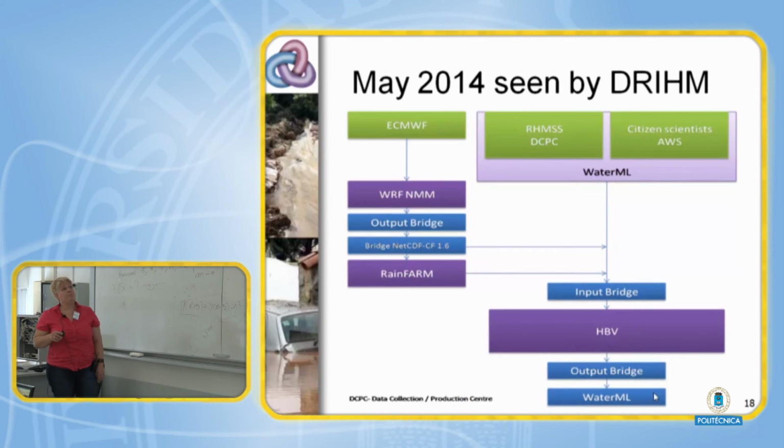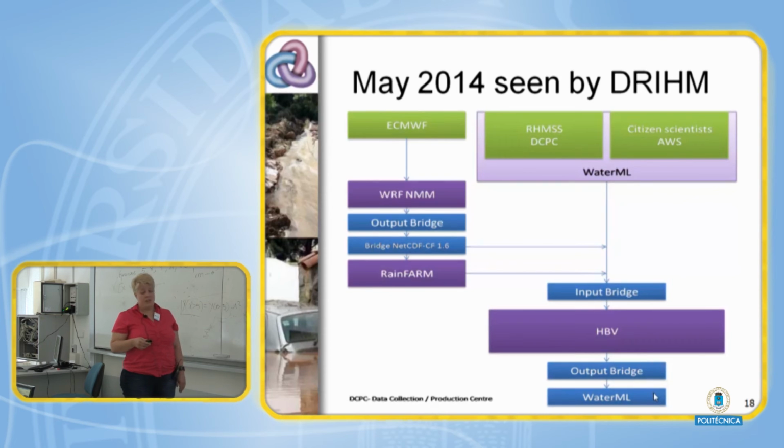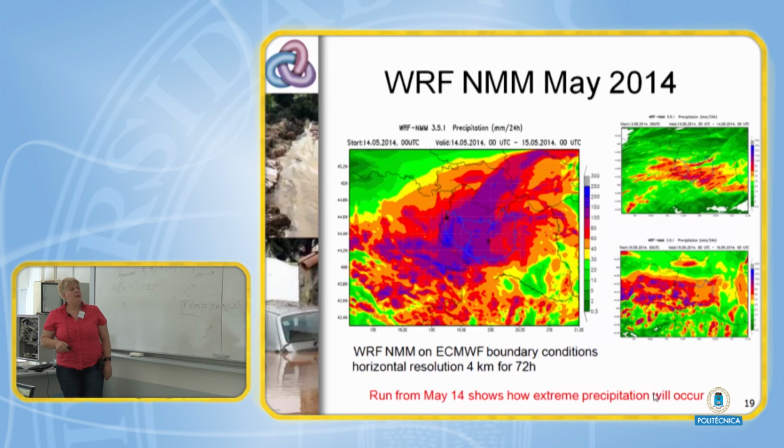This is our hydro-meteorological chain within the DRIHM. It consists of WRF NMM, RainFARM, and HBV. WRF NMM was run on ECMWF boundary conditions with a horizontal resolution of 4 kilometers.